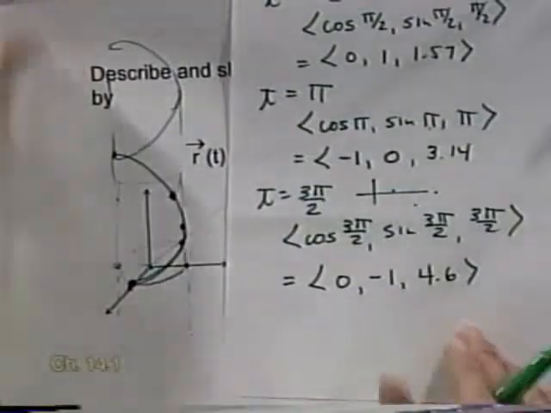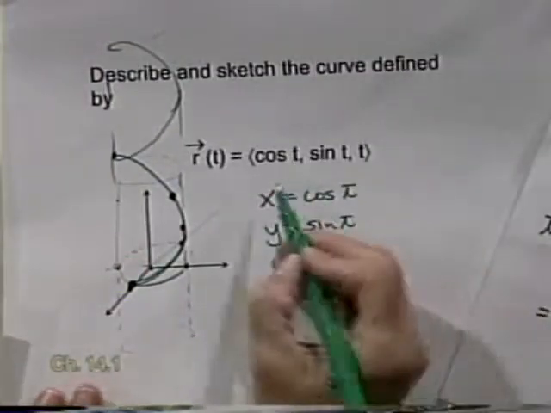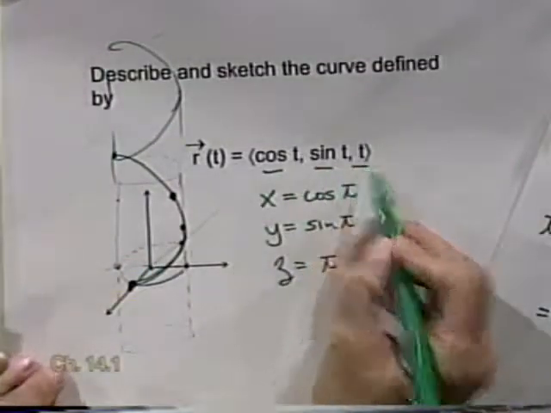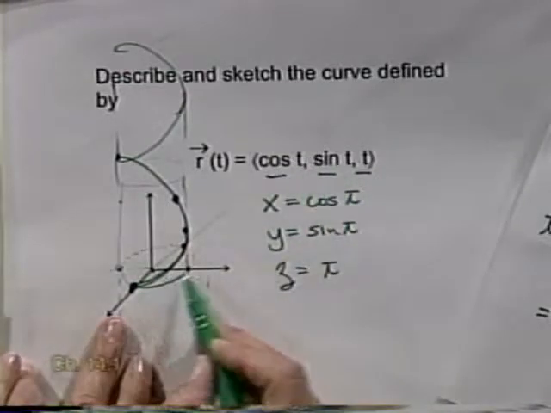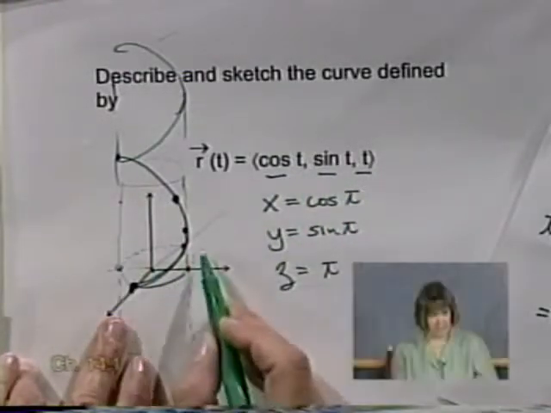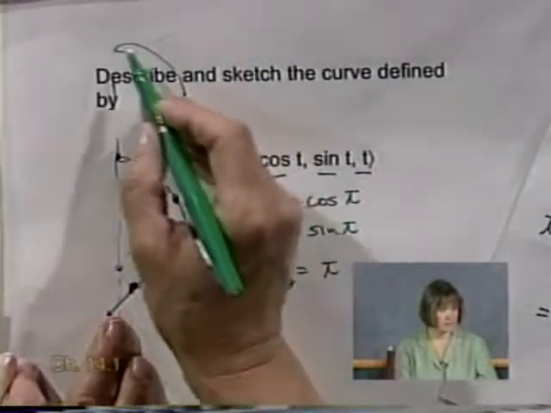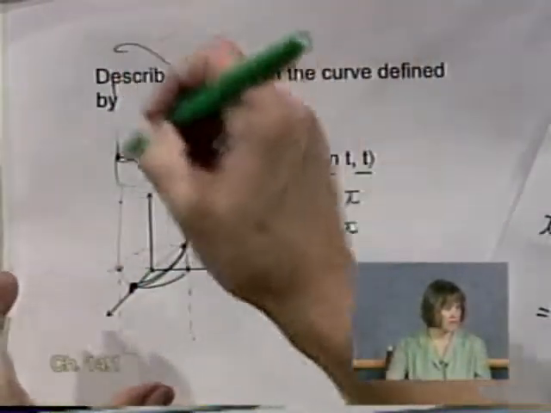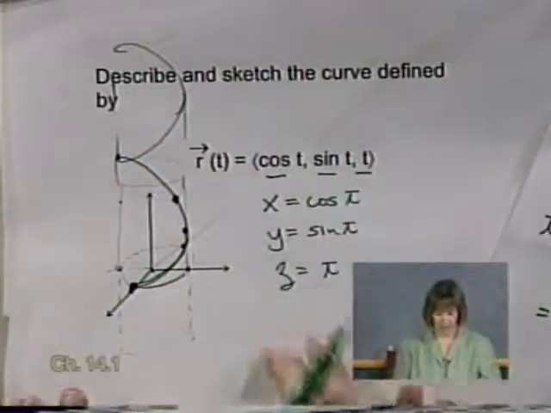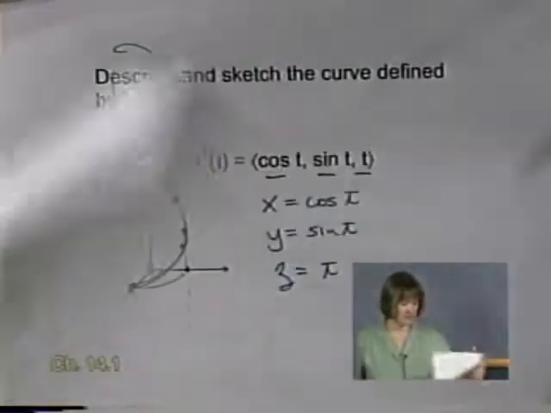You see that? Our equation is cosine t, sine t, t. So the x and the y are always going to be on that circle, but as t gets bigger and bigger, we're going to be going higher and higher, wrapping around that Campbell's soup can as we go up. I think it would be helpful for us to look at the graph of this on Maple.